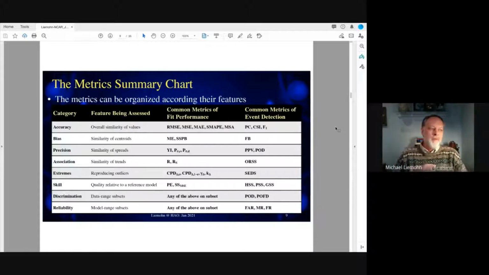And those two I call fit performance and event detection. And metrics can fall within one of those two in terms of how you go about even calculating the metric. So knowing this big collection allows you to better get at probing some specific aspects, because each of these categories are only really addressing one specific little facet of the data model comparison.